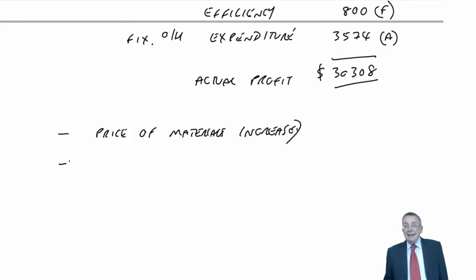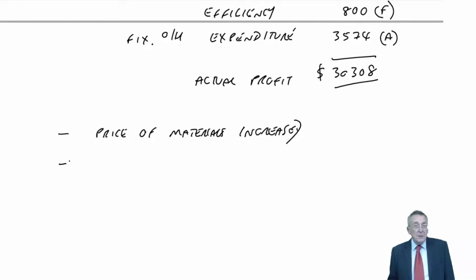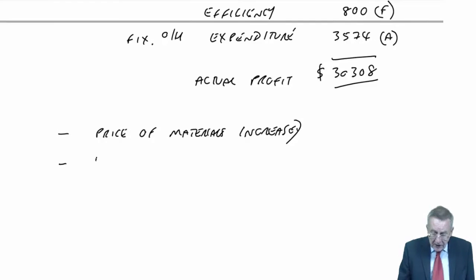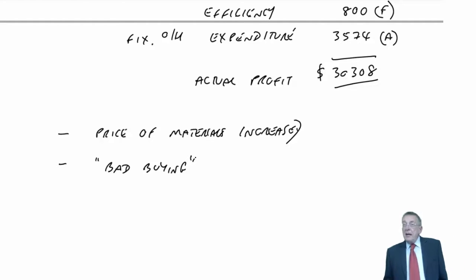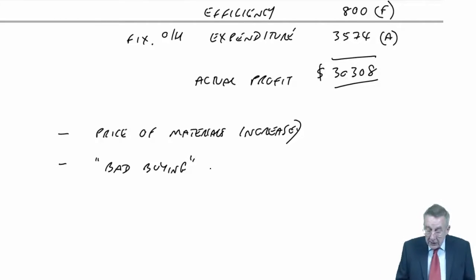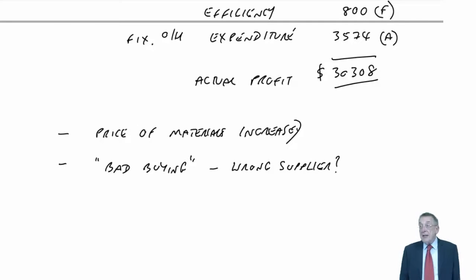It could be that prices haven't gone up at all, but it was what I call, to keep it short, bad buying. What I mean is, it could be that the purchasing manager had perhaps gone to the wrong supplier who was charging more. So maybe we could have bought it for £4.50, but the supplier we went to was charging £4.60.